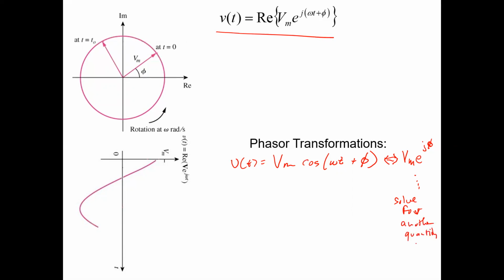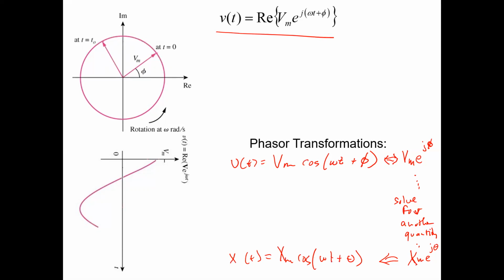For another quantity, and that becomes another complex value, and then you can transform that back into the time domain. It's like current or voltage or whatever. I'll call it x, like we did in that other slide, some x quantity, and then that x of t would be x m cosine of omega t plus now theta.